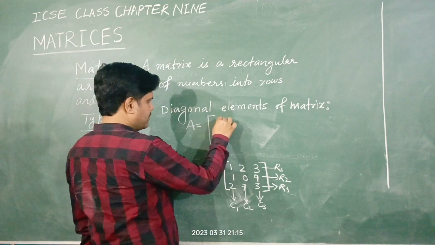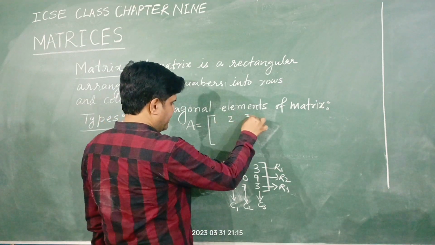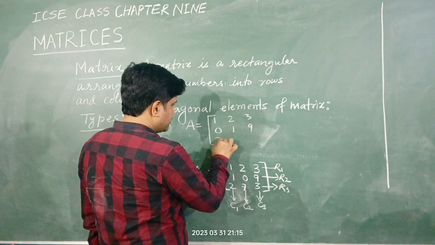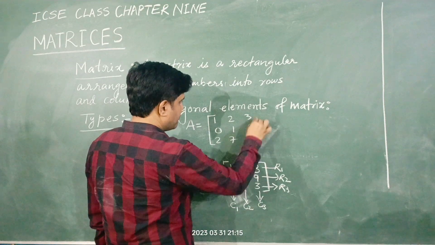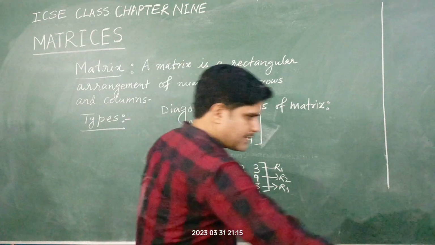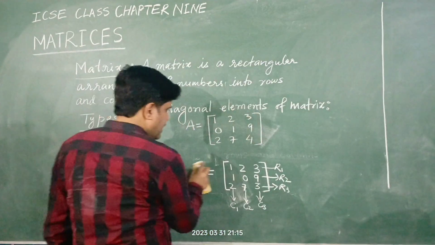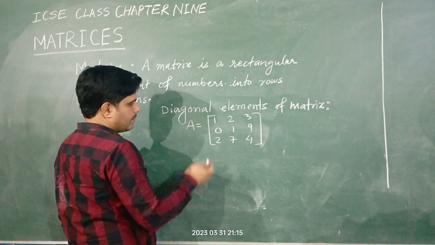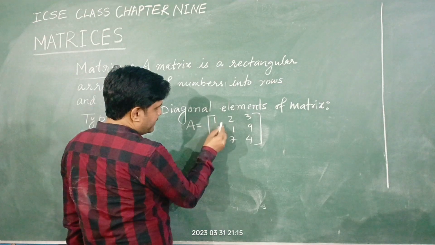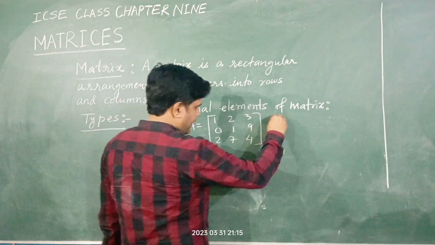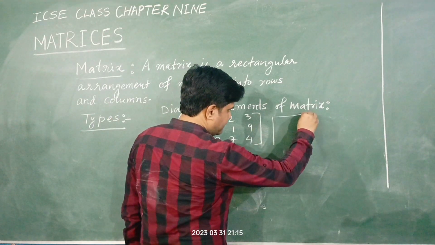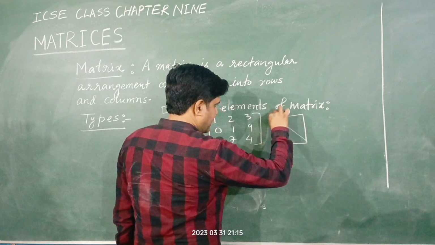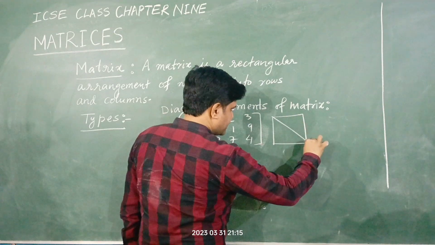So I'll just copy down one more time: 1, 2, 3, 1, 0, 1, 9, 2, 7, and 4. Let's say this matrix. Now, here we have to focus on the elements. If it's a square, you can see the lines joining the opposite vertices.